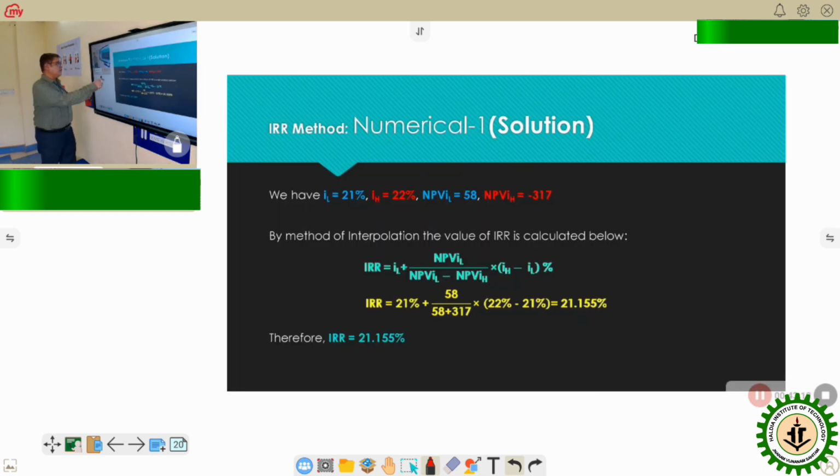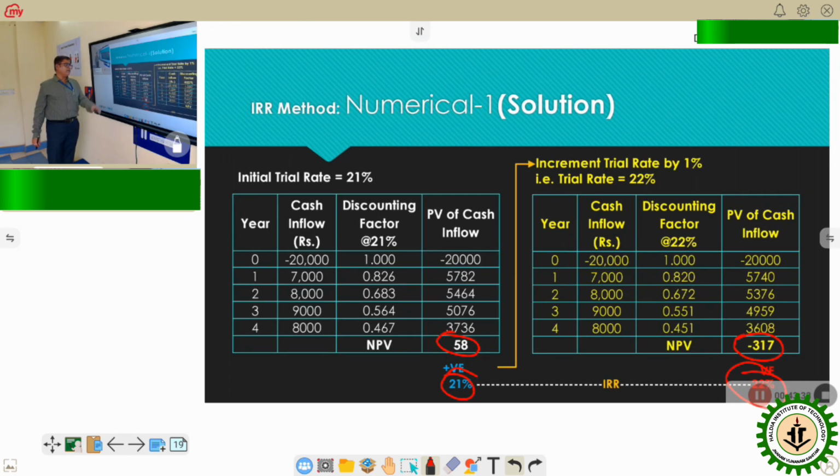In this method, we substitute the values of IL, IH, NPV IL and NPV IH in the expression, and we get 21.155% as the value of IRR. Now, one thing: at 21% we obtained a positive figure, so we had to increase the rate.